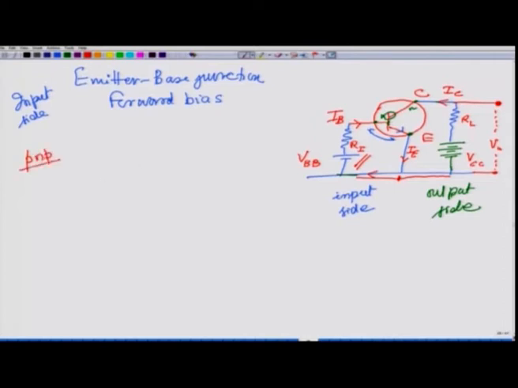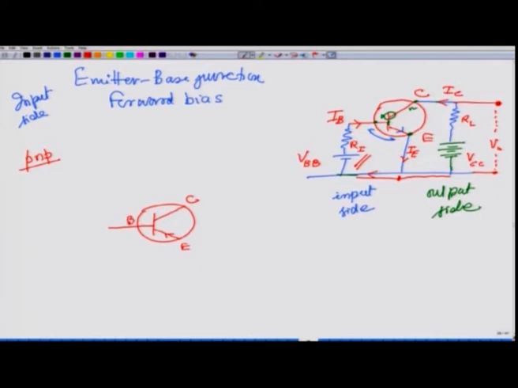So, I have this transistor here, and now I have this collector here and this emitter here. This is the collector, this is the emitter, and this time it is PNP, and the arrow should be from P to N in the emitter. So this is the arrow and this is the base.